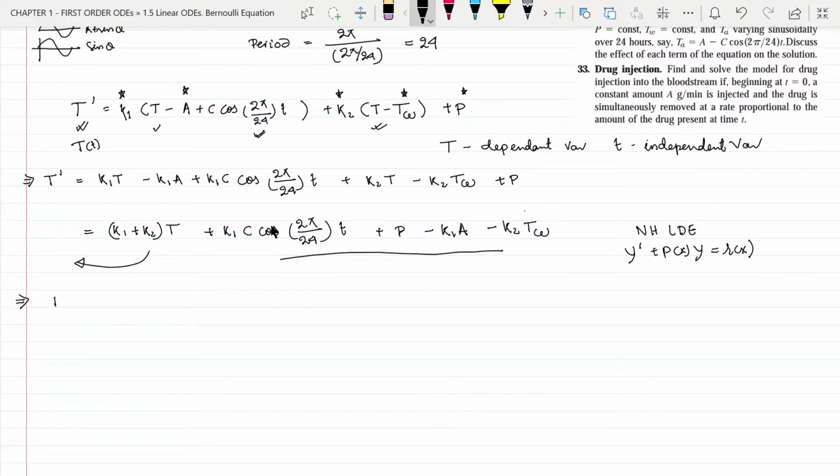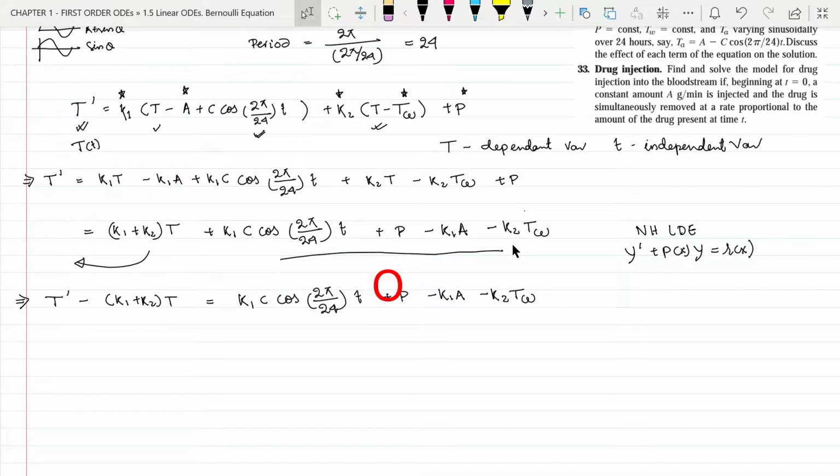Let us rewrite this, and this will be T dash minus K1 plus K2 T equal to K1C cos 2 pi by 24t plus P minus K1A minus K2 T omega.